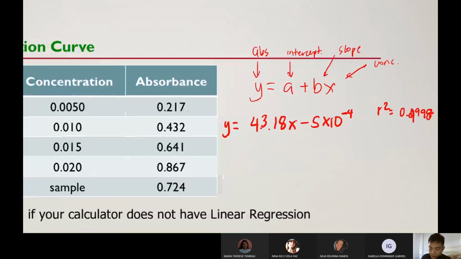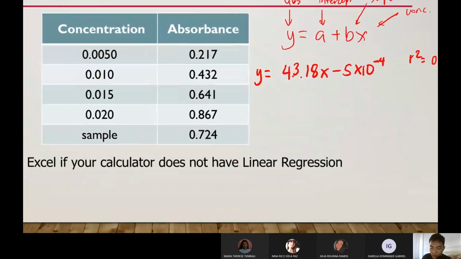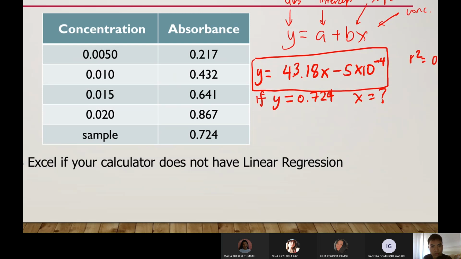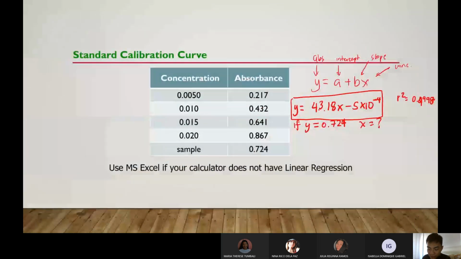Okay. So, ibig sabihin nun, yung y alam ko. If y is equals to 0.724, what is x? Ito yung gagamitin kong equation. Hahanapin ko yung x dyan. So, let us derive how to get x.